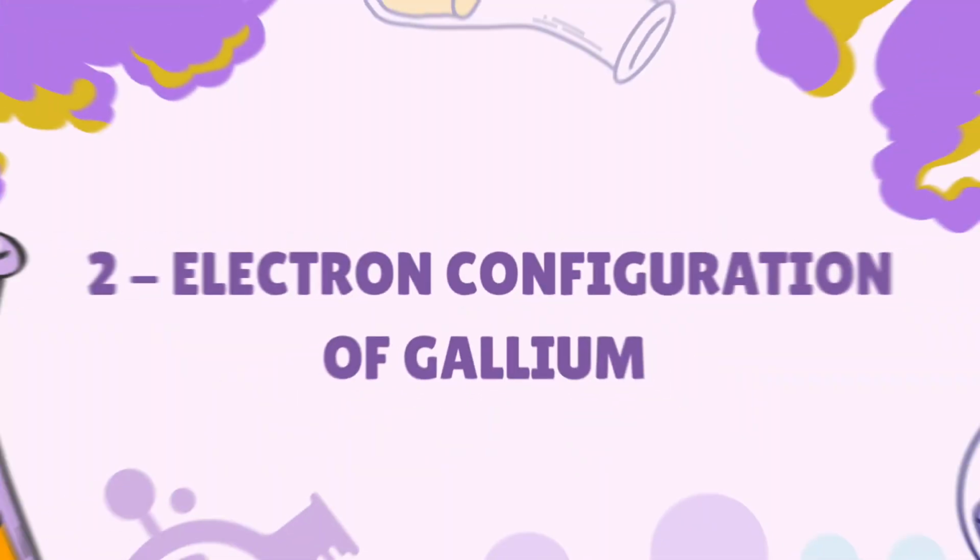But in moist air, gallium will react with oxygen to form a protective oxide layer on its surface. When gallium is burned in air or pure oxygen, it will form a white oxide called gallium trioxide.